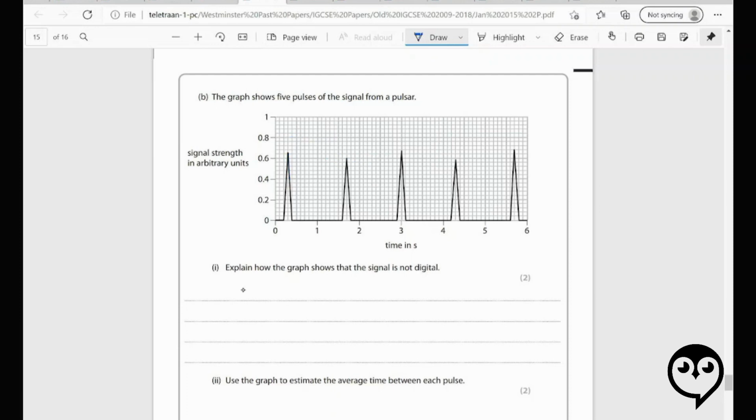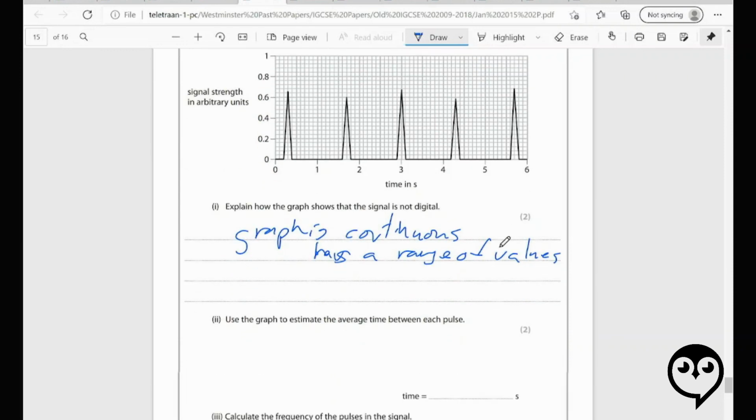And so we could just say the graph is continuous, if we can use those terms. We can say it has a range of values, and it's not simply one level or the other. Okay, something about that I think should be okay. We'll see what the mark scheme says.